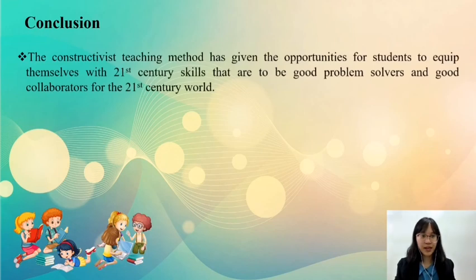Conclusion. The constructivist teaching method has given the opportunities for students to equip themselves with 21st century skills. They are to be good problem solvers and good collaborators for the 21st century world.